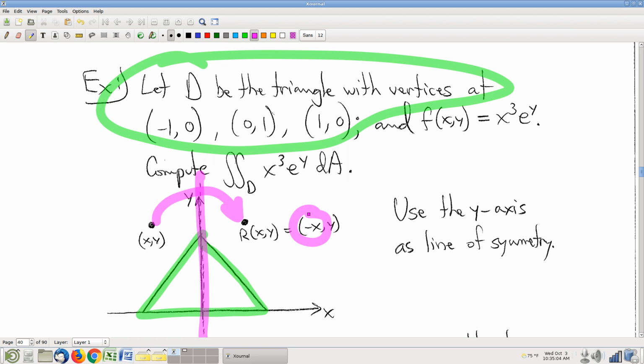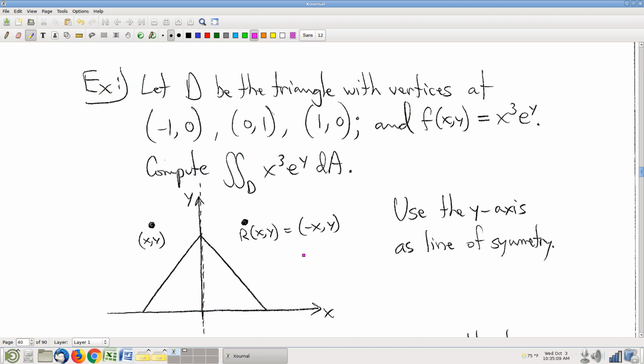Warning. There is a strong urge, at least so it seems, based on what I've seen a lot of students write down on their papers, to think, we're reflecting over the y-axis, so the minus sign must go on the y. Nope. It just doesn't. So don't step on that landmine, please.